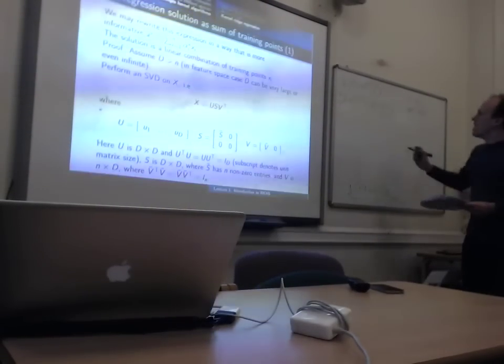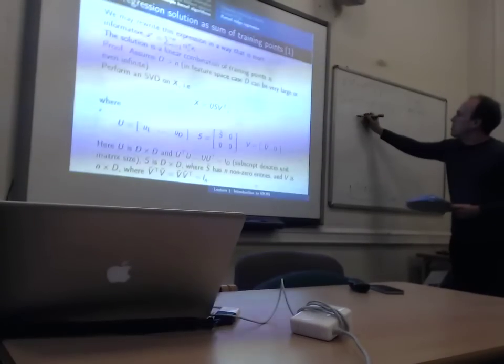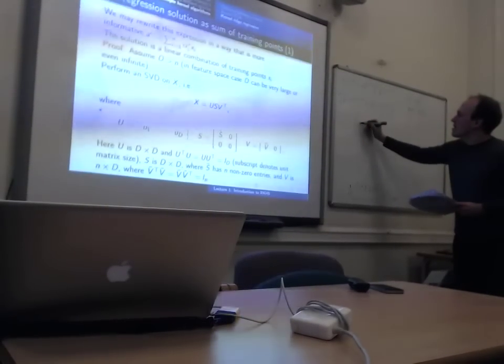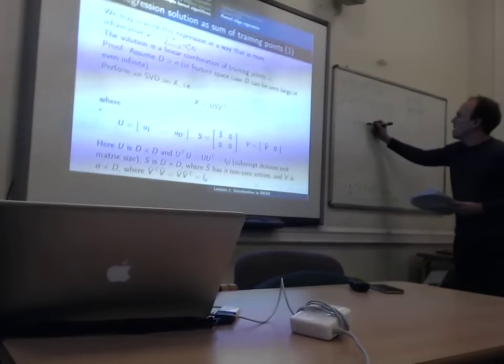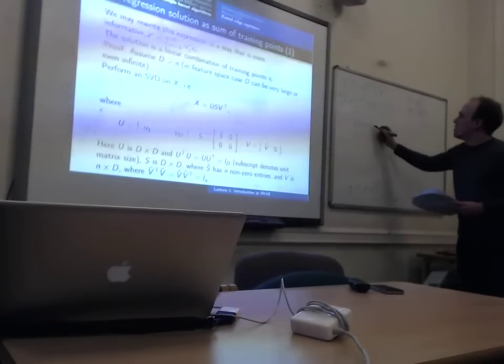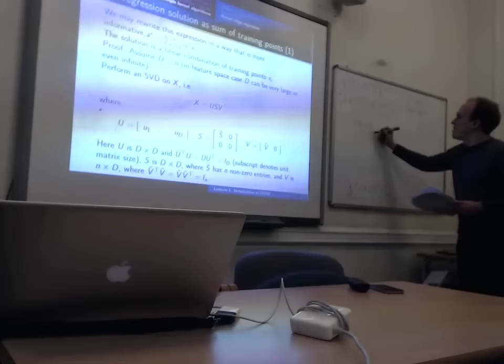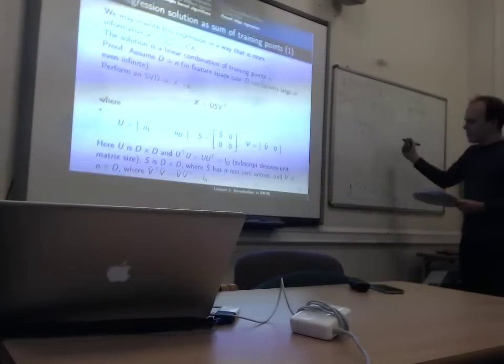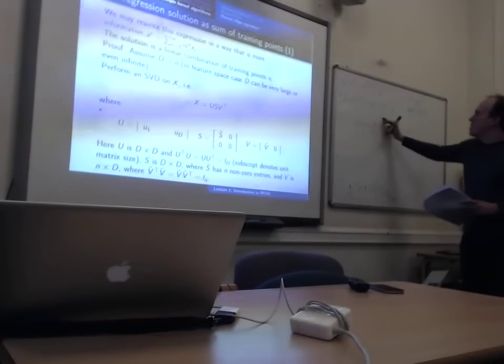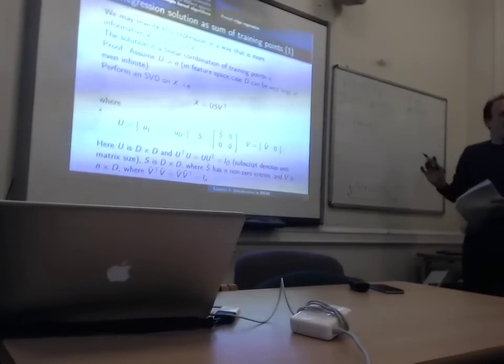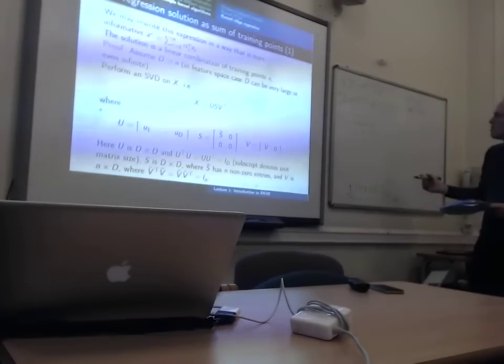And remember that this term here is just S tilde squared plus lambda I, 0, 0, and then lambda I here. But this lambda I here is wiped out by these two zeros when you do the matrix multiplication.